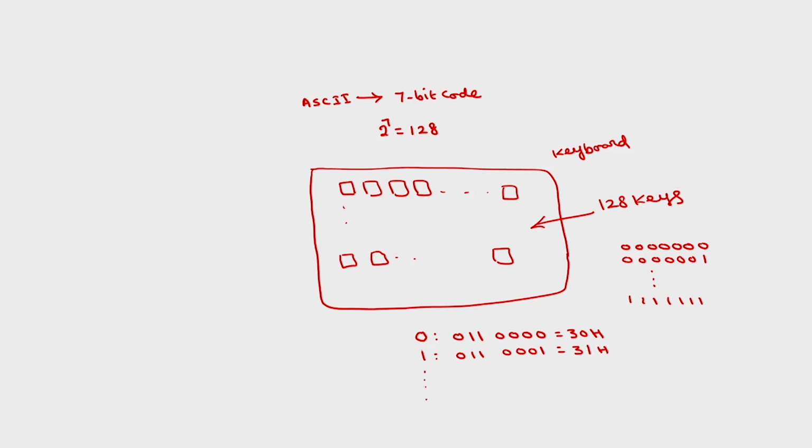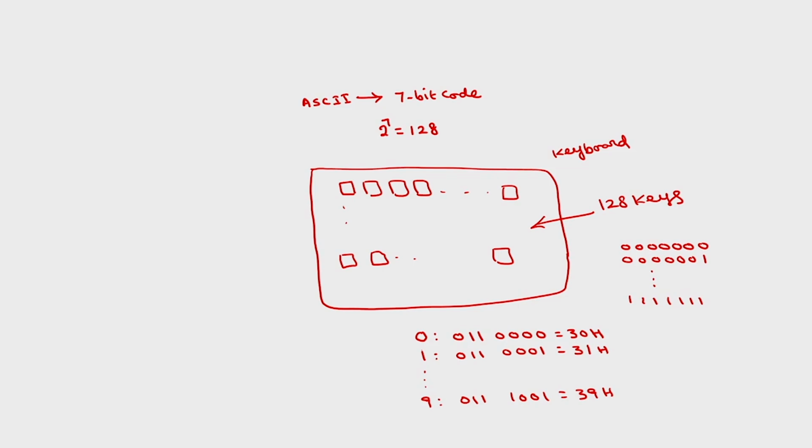So on up to 9, which will be represented by 39H. Of course, for these we require 4 bits, we can insert 1 0 here, to express in hexadecimal form. This is about the ASCII code.